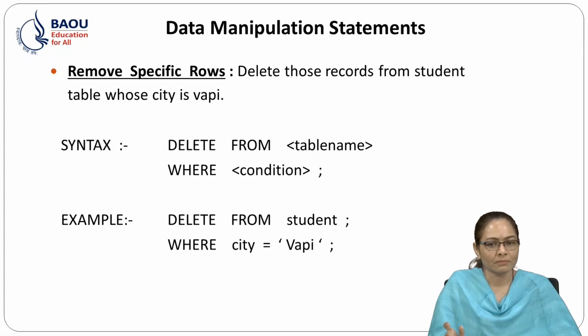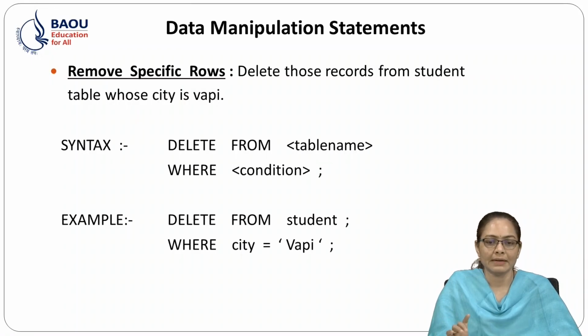Delete from student. Here is a common mistake: after delete from student, do not put a semicolon, but write where city is equal to Vapi and then the semicolon. The semicolon is put after the command is completed. Okay.